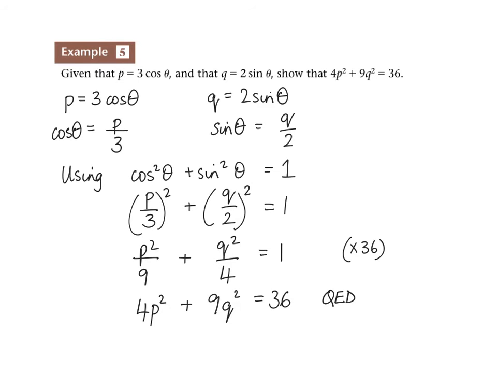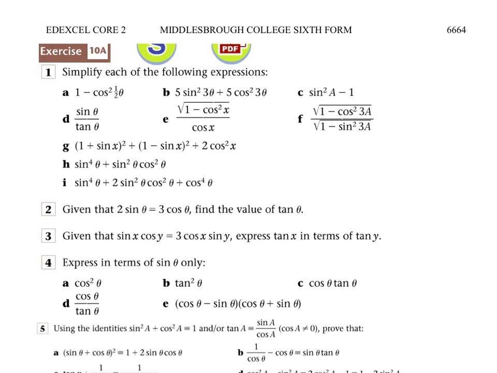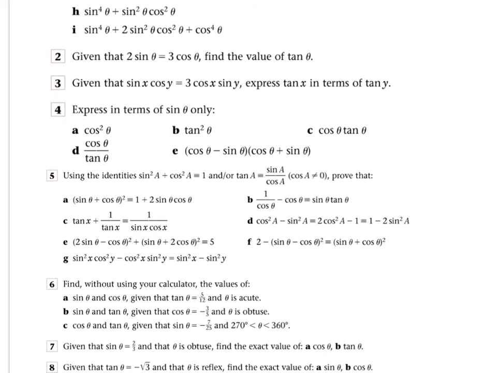So if we look at exercise 10A, questions that I would like you to give a go, have a try at, is question 1. Try question 5, maybe the first column, so that's the identities.